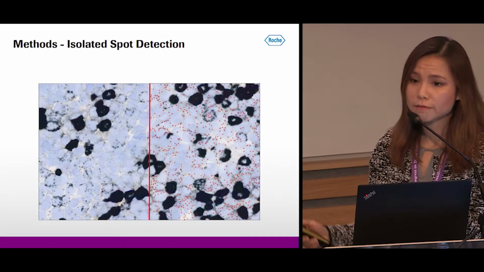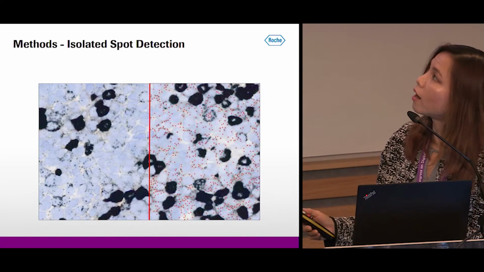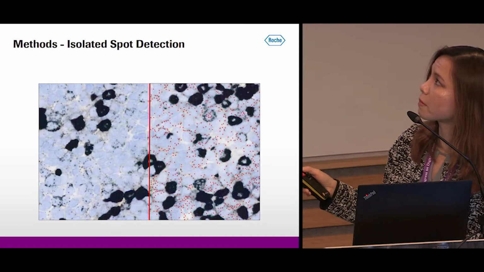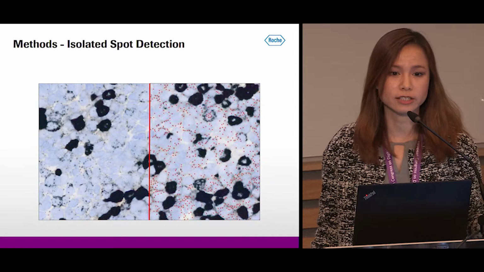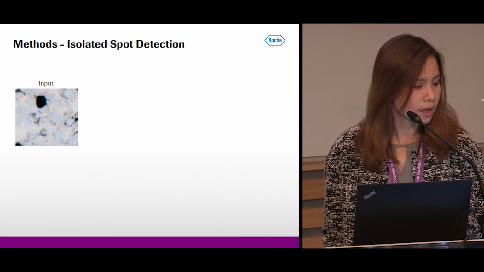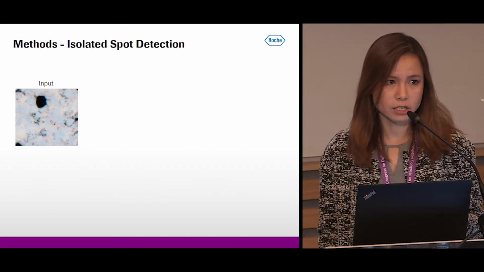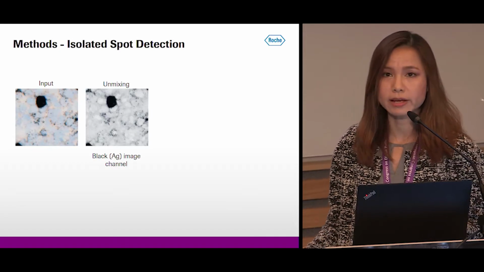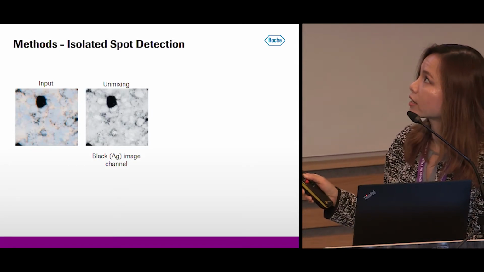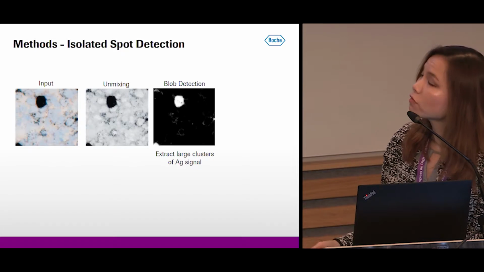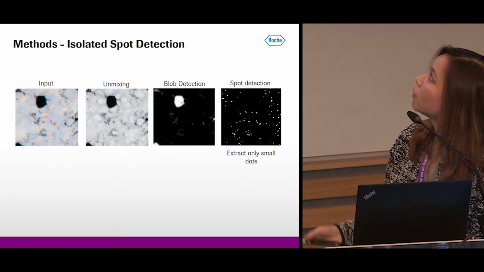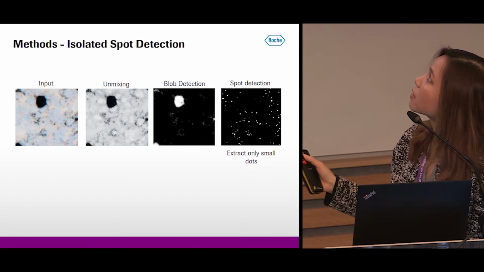The goal of this step is to detect the individual spots present on the slide by excluding the signal aggregates. First, we have the input image. We do some pre-processing and unmixing, and in this example, we have the black image channel. Then we extract the large aggregates of the signal from the tiny spots of signal.